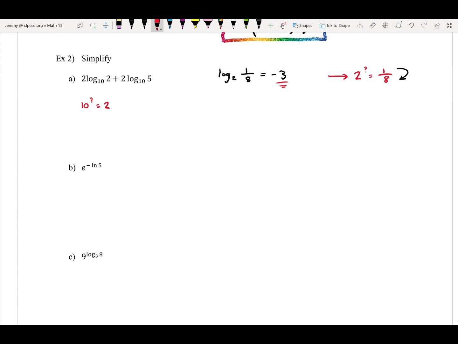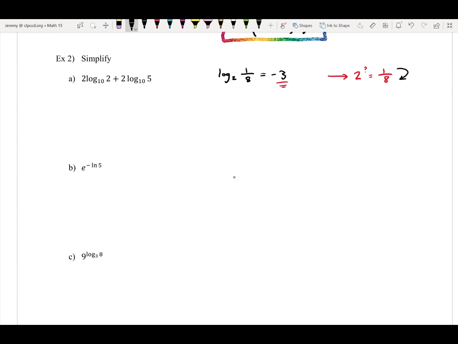Like, if it was log base 10 of 100, then that would be pretty straightforward, right? Because 10 squared equals 100. But this is not an easily solvable exponential equation, right? Same goes for this one over here. 10 to what power equals 5? I don't know.